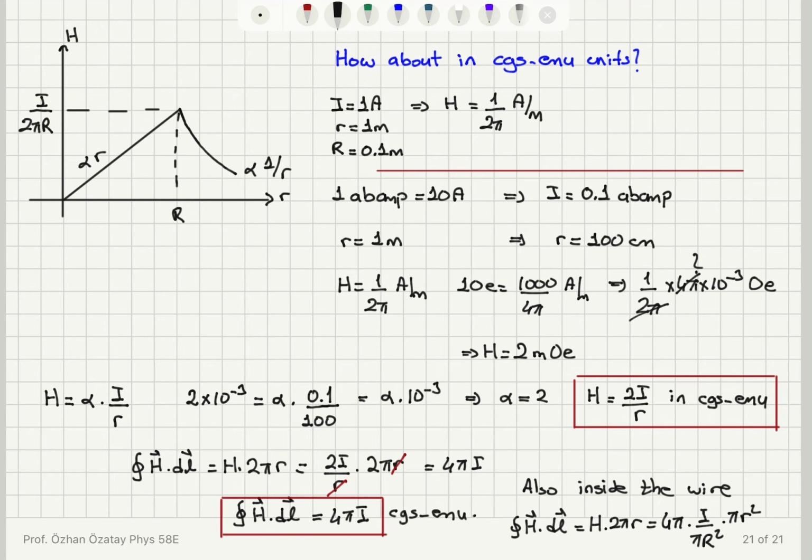So this is going to give me cancellation of pi's here, cancellation of pi's here, and then I have cancellation of one of the r's here. So the answer that I will get inside the wire will be H is equal to 2Ir over capital R squared for r less than capital R. So this was for r greater than capital R.